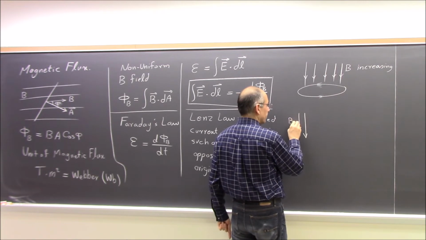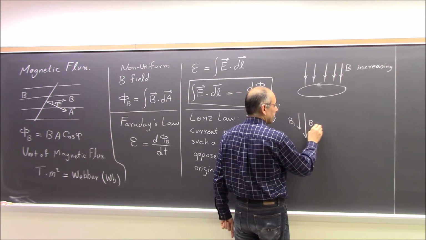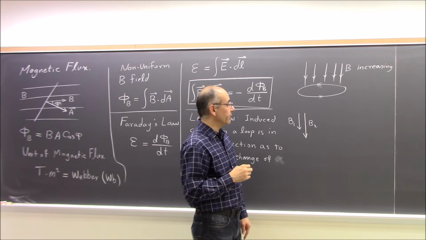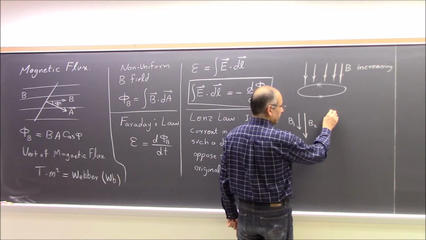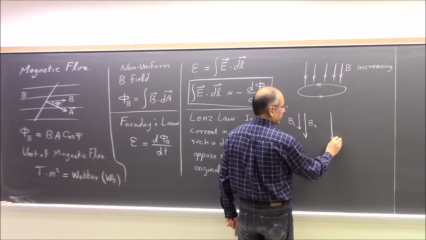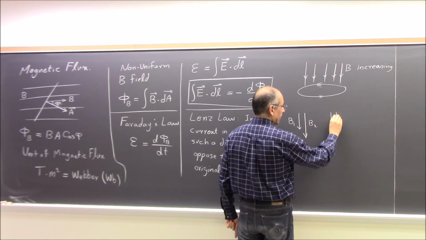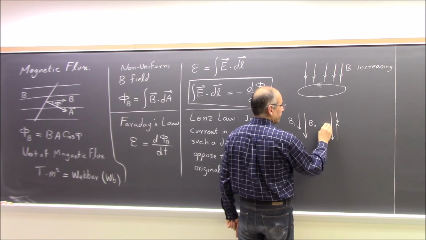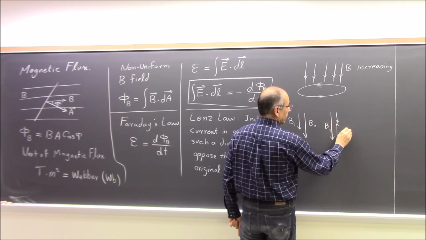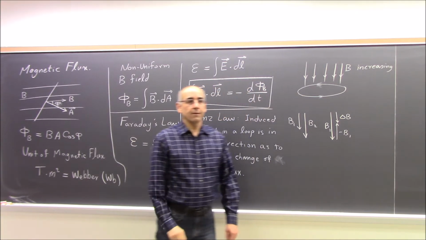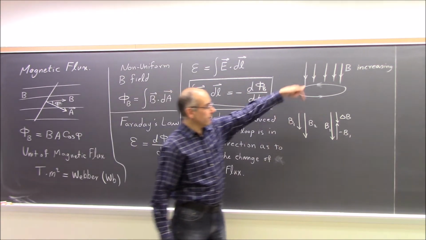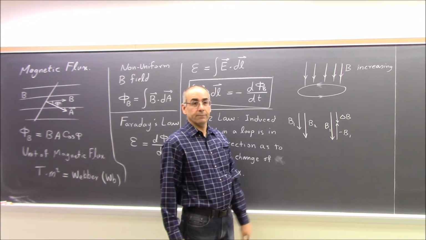This is B1, this is B2. And then if you calculate B2 minus B1, what do you get? B2 minus B1, you get this. This is delta B, right? So delta B and B are in the same direction.